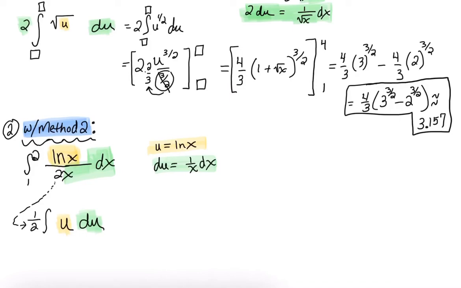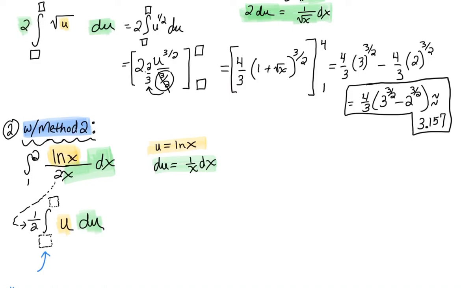And now, instead of just putting boxes here and waiting until we go all the way back to the x's, I can't put 1 and 2 in there, definitely not. But what I can do is change those x limits of integration into u limits of integration using my choice of u.